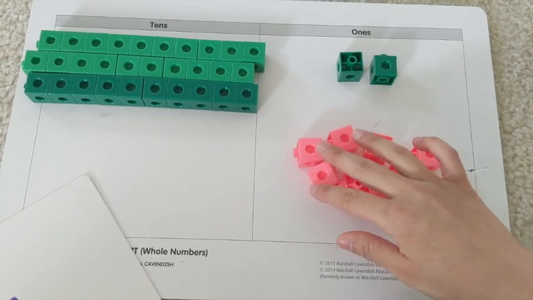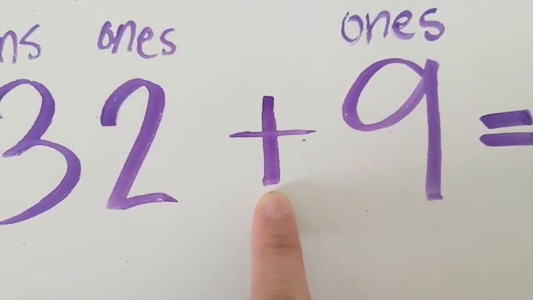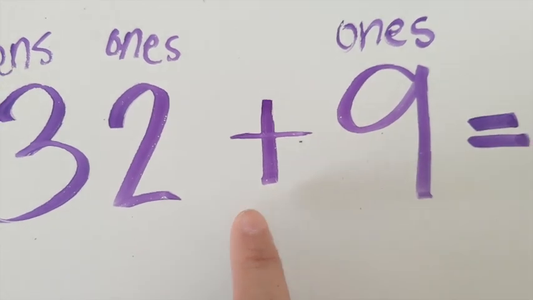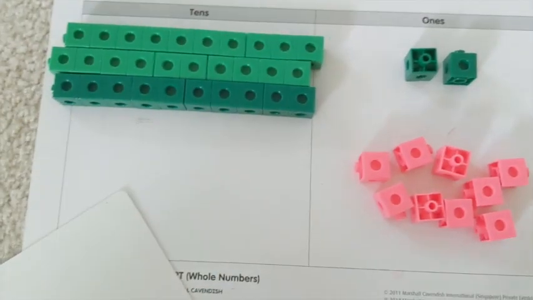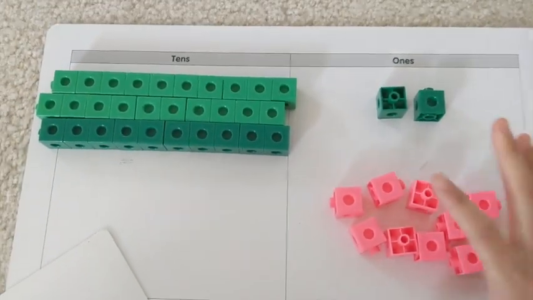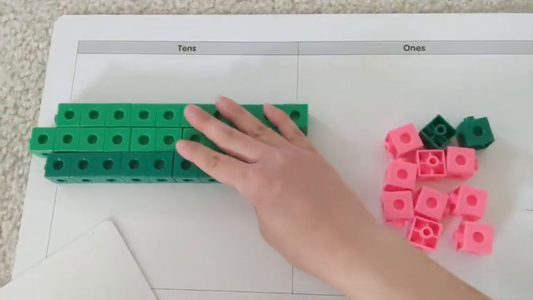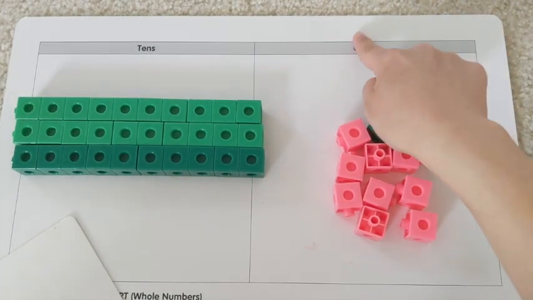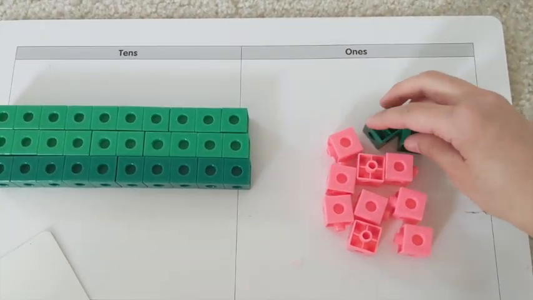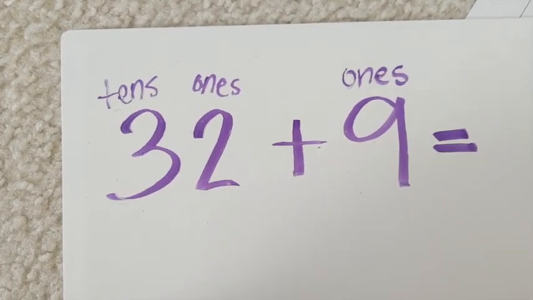Okay? So now this symbol right here says we're going to need to add, which means to put them together. So we're going to go ahead and put these together. Now instead of doing all of this like that, remember what I told you guys? Always start with the ones place. Very good. Okay, so go ahead. We're going to add the ones place.